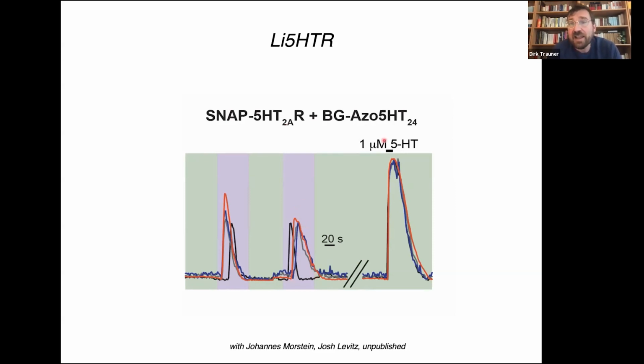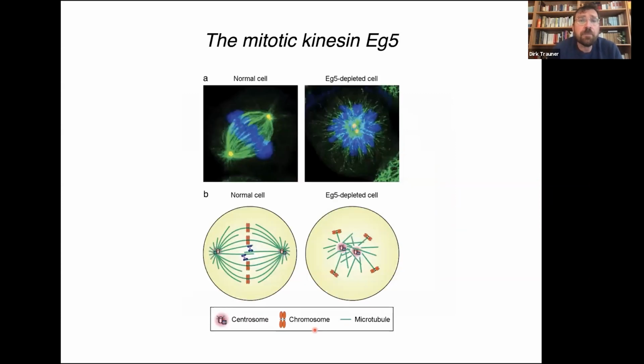And here is saturating 1 micromolar serotonin. So stay tuned for this. This will probably be put online next week. But we are very excited because, again, the untangling of serotonin receptors has been a nightmare and has been very difficult. But tethered photoswitches provide a solution.